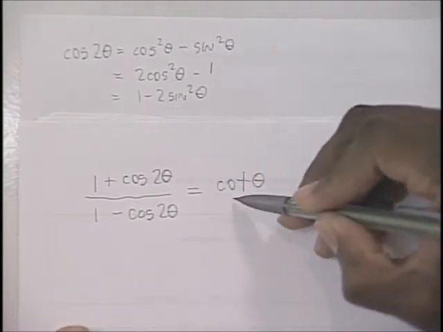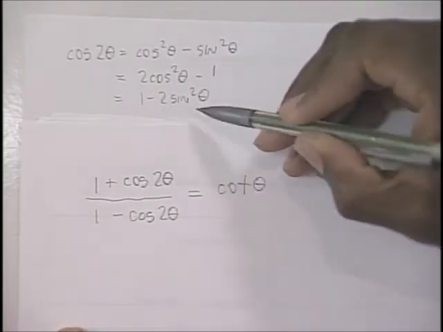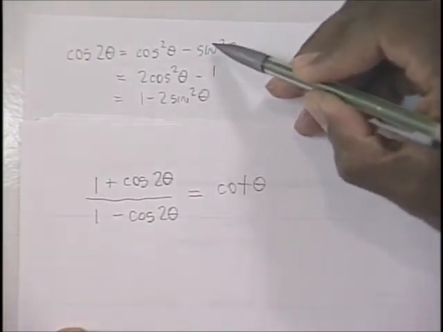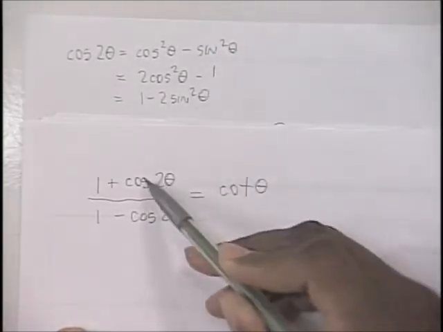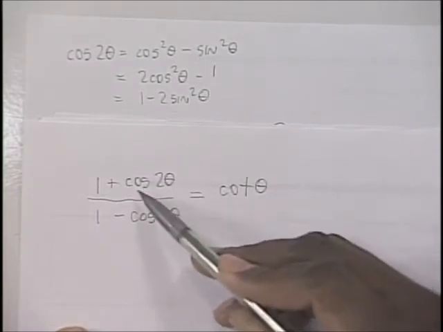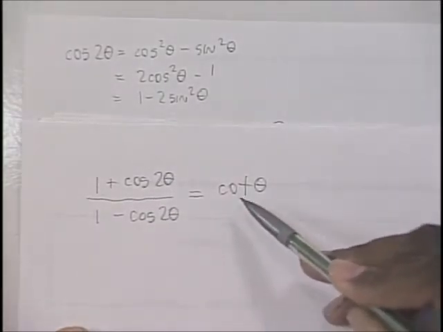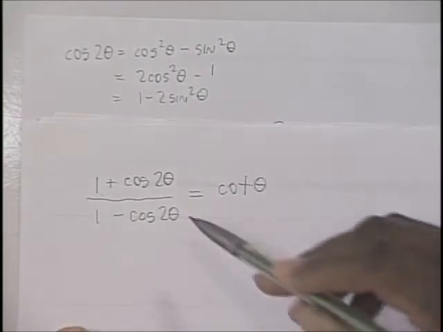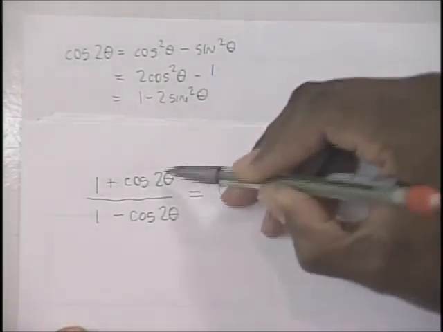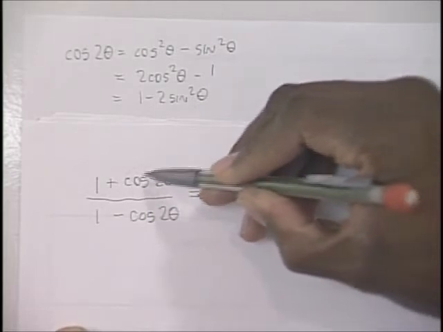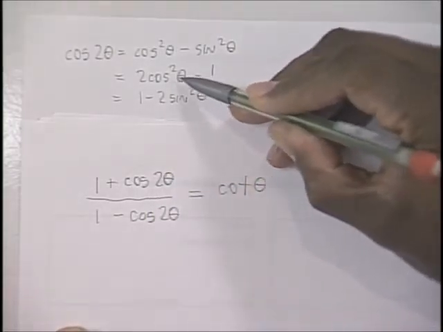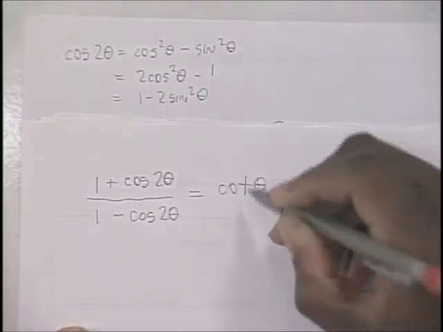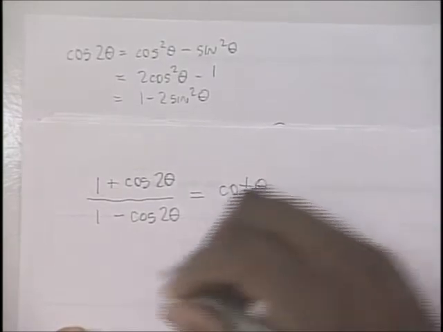So you're going to use your knowledge of that to choose which of these to use as you replace this cosine 2 theta. By definition, cotangent is cosine theta over sine theta. So to replace this cosine 2 theta, you're going to use 2 cosine squared theta minus 1 because of the definition of cotangent theta.